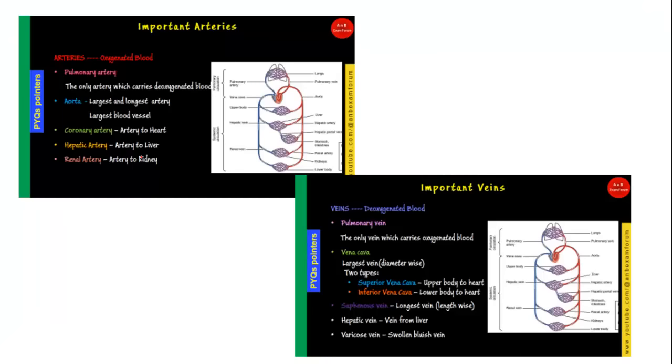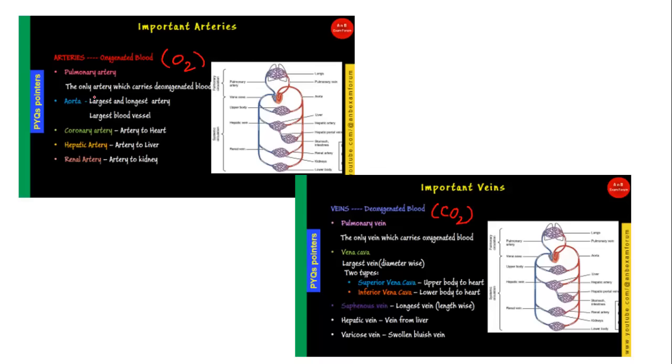And these are other important arteries and veins which are commonly asked in the exam. The first one, as I told you, arteries carry oxygenated blood, whereas veins carry deoxygenated blood, or in other words, you can say they carry carbon dioxide, and oxygenated blood means they carry more oxygen.